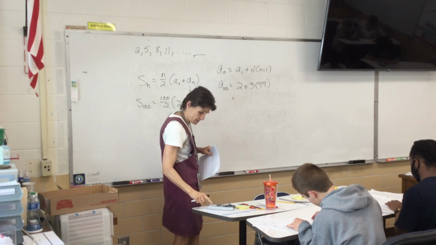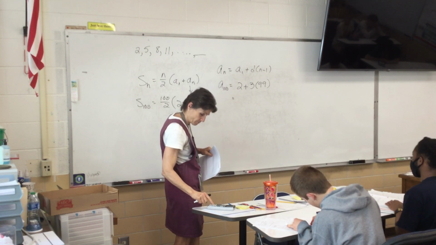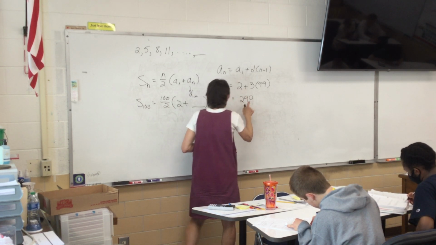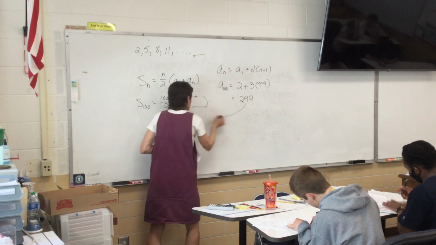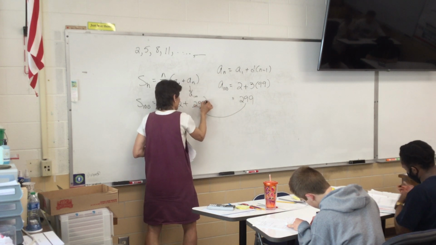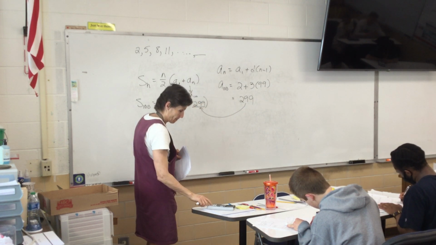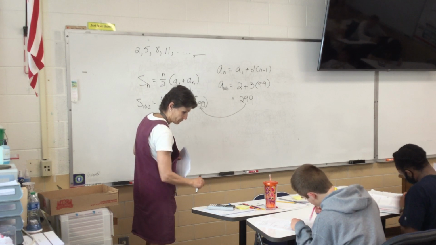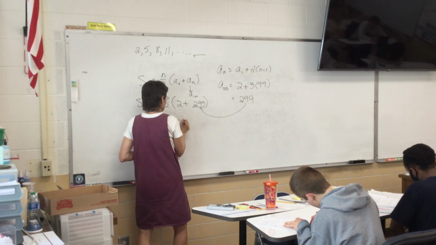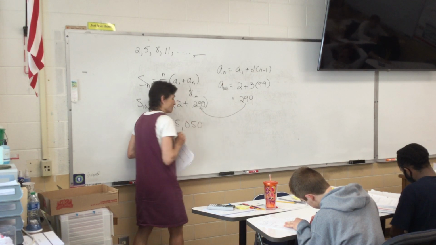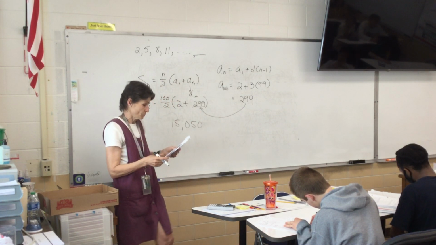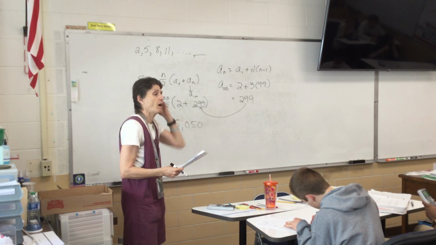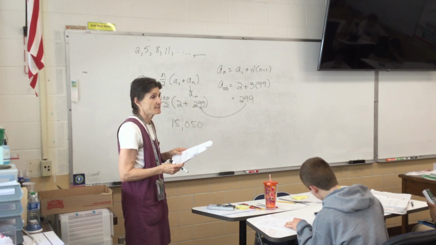So that is 299. That is not the answer. That's what goes right here, right? I got 15,050 is the total number of baseballs that he will have caught in the first 100 days.